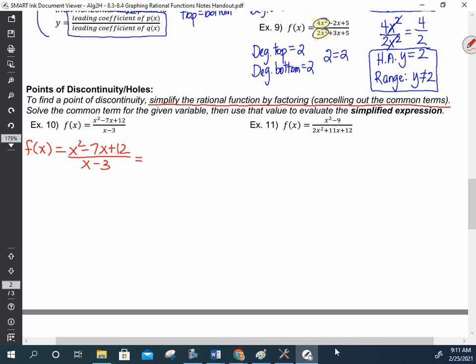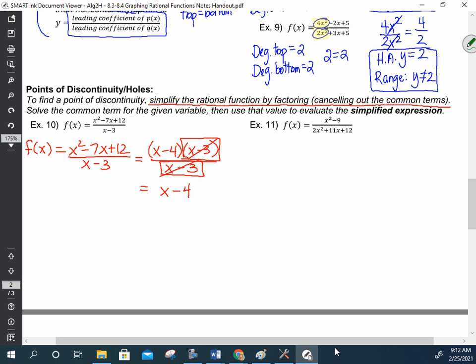So if we factor that, you have x minus 4, x minus 3 over x minus 3. So the x minus 3s are going to drop out. So you're left with x minus 4. But first you simplify it. That's number one.